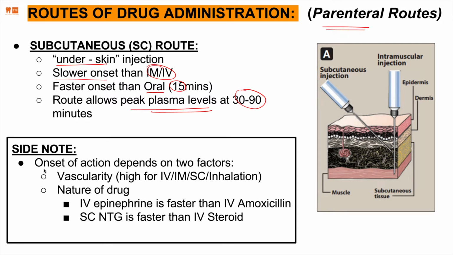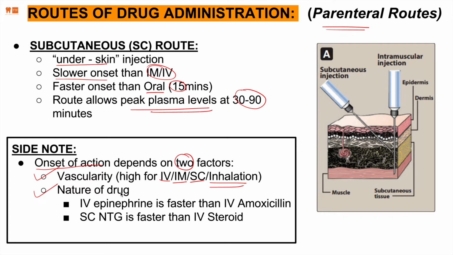In the side note, I would like to mention here that the onset of action is dependent on two main factors. One is vascularity, and the other is nature of drug. So vascularity means wherever there is a high capillary or high blood flow, you'll see a higher absorption and distribution of the drug, such as if you give a drug IV, intramuscular, subcutaneous, or even inhalational, because lungs also have a high blood supply.